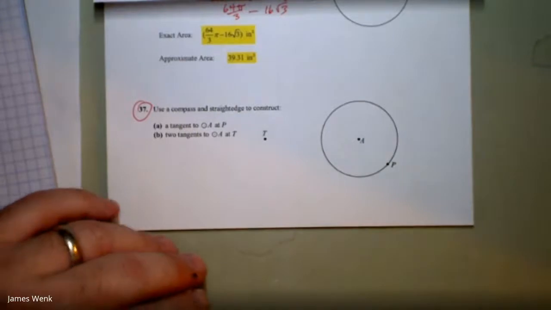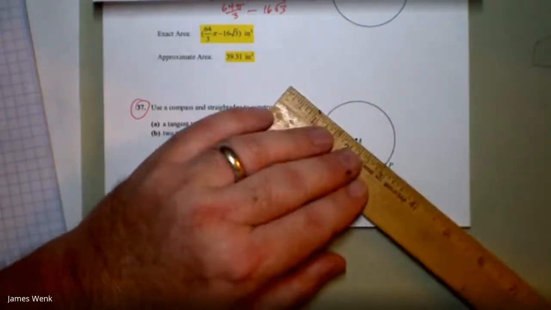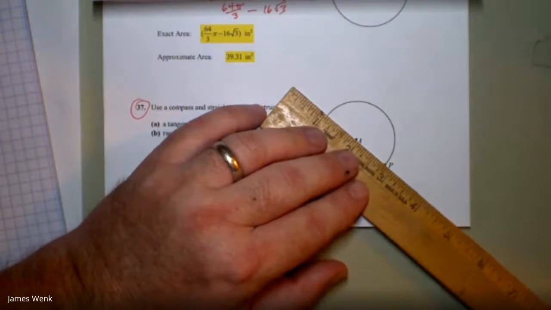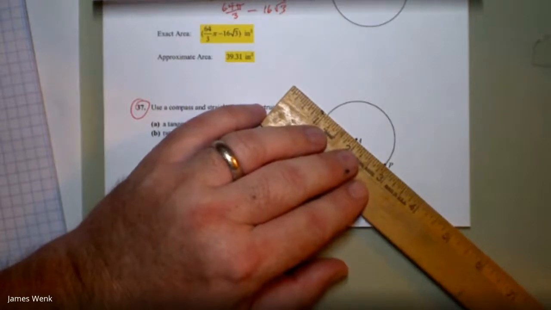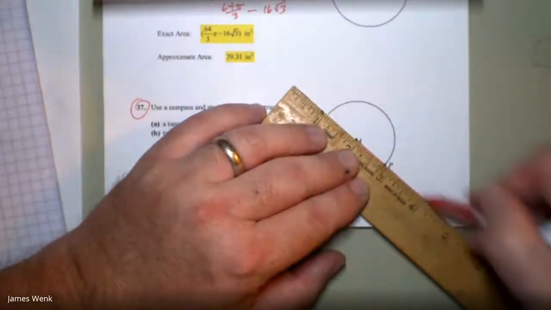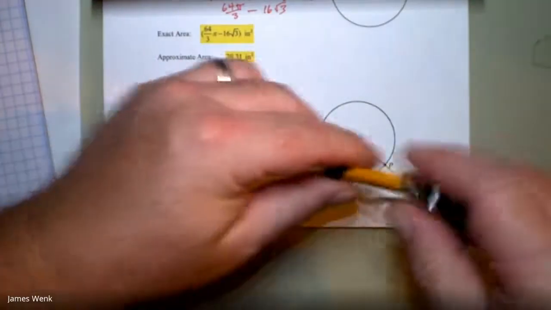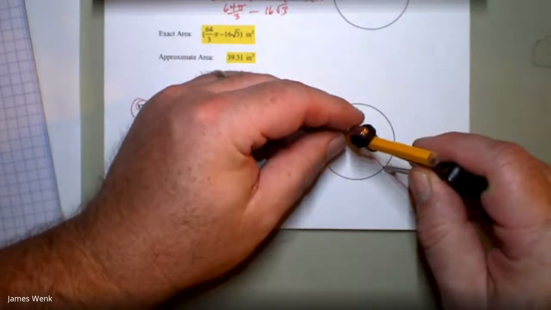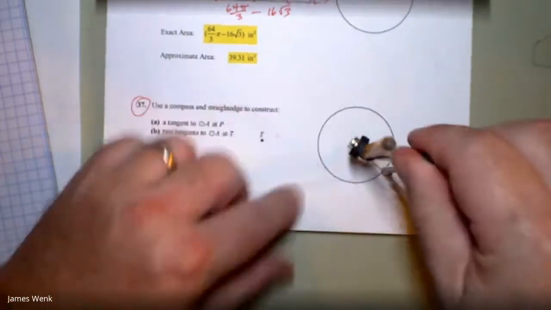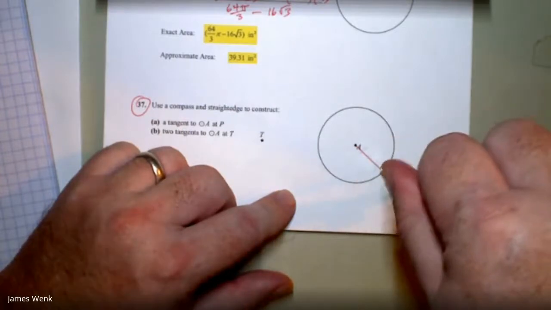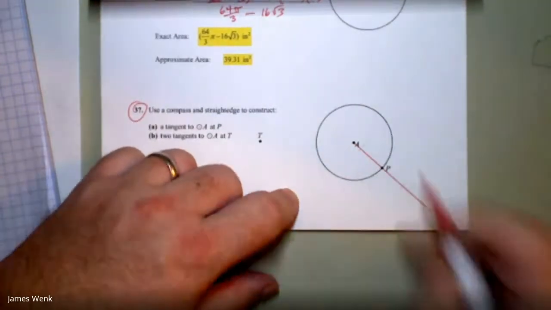I think the first step is to draw a ray through there. And then we do the perpendicular bisector through P. So I make a little arc, and I come over here and make a little arc.